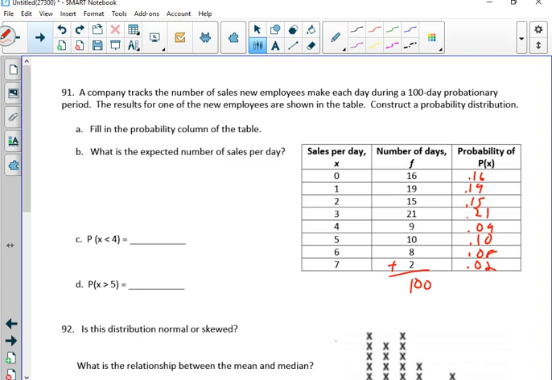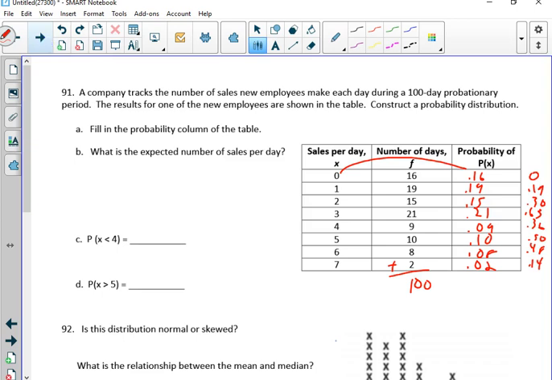Now, what we do is we take this number times that, and we get 0. And 1 times 0.19, and 2 times 0.15, and so on and so forth. 0.63, 0.36, 0.50, 0.48, and 0.14.